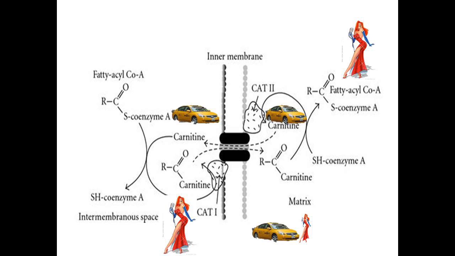Acylcarnitine is now free to move from the cytosol into the mitochondrial matrix by the antiporter protein, where the carnitine group is removed by the enzyme CAT2 and shuttled back out, and the remaining fatty acid reacts with CoA to produce fatty acid CoA.